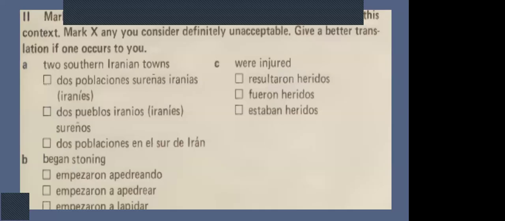Empezaron a apedrear. Right. Why not lapidar? What's wrong with that? I think it's not what is happening in reality, because lapidar is when they cover you with stones.